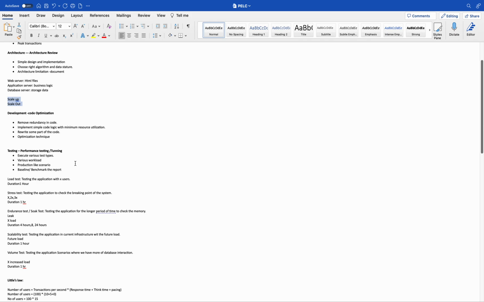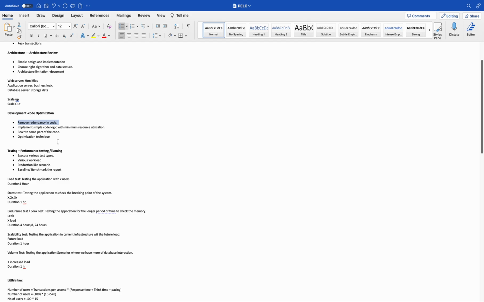Next one is deployment of code optimization. In the performance engineering life cycle, we need to understand what code optimization is. The first one is removing redundancy in the code. It refers to the practice of identifying and eliminating unnecessary duplication of code within a software program.